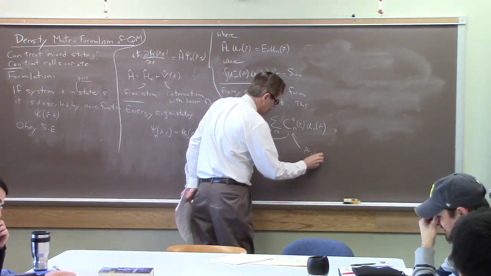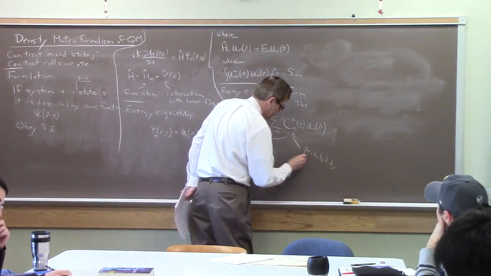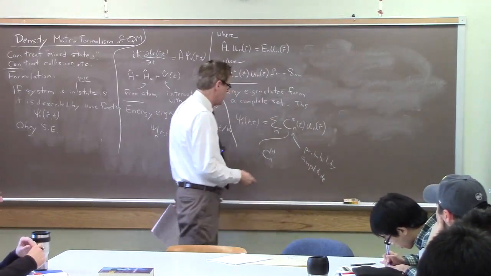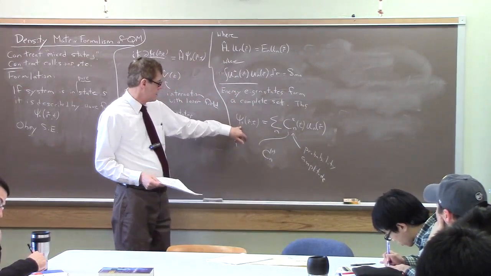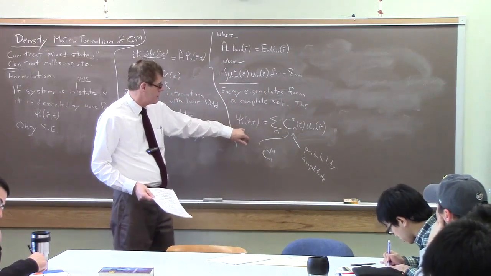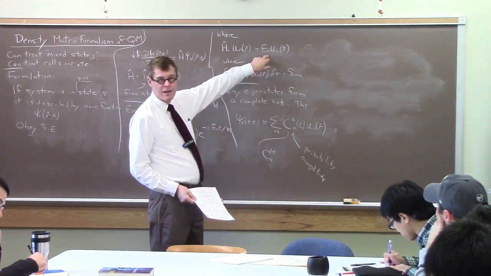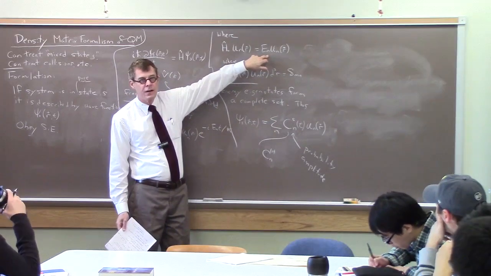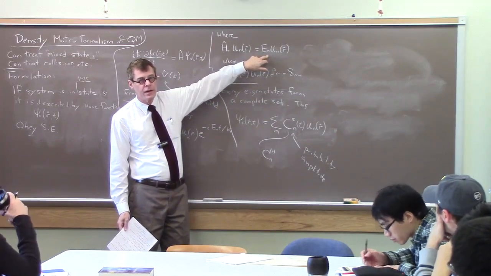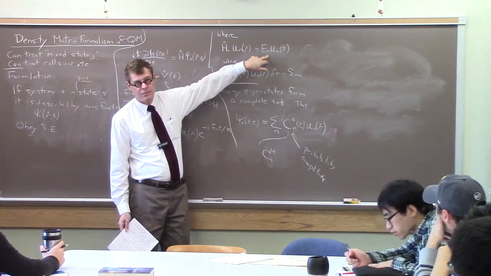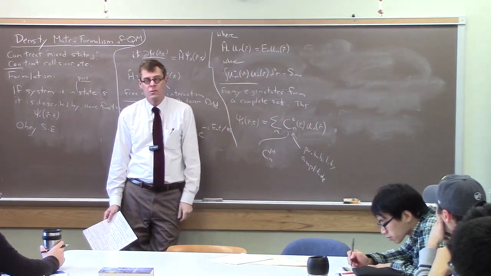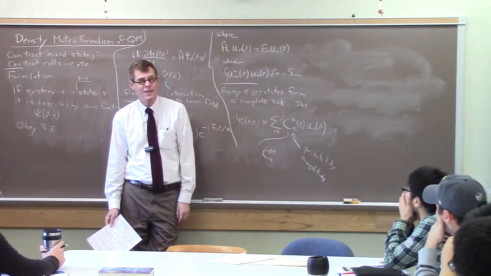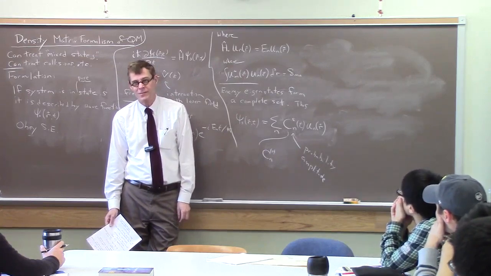And again, this is a probability amplitude. It's the probability amplitude that this state, psi s, has energy E sub n. So let me just point out that quantum mechanics allows the existence of states that do not have a well-defined value of the energy, which at times in my life, especially when I was a beginning graduate student, worried me a little bit because I believed in energy conservation.